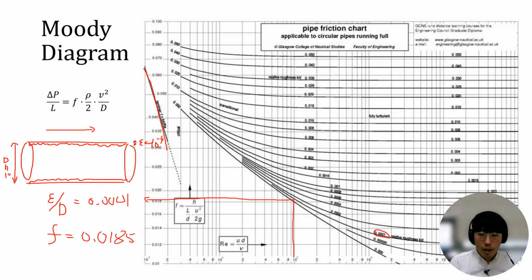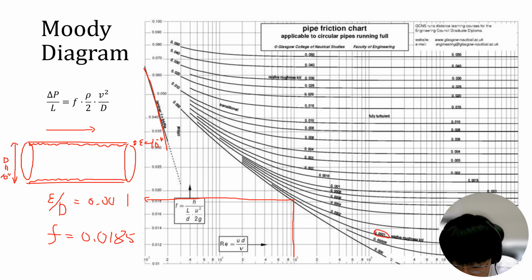In a different material, we may have a different roughness, or with the same roughness, we may have a different diameter. Let's say the diameter was 10 inch. That means now we have 0.001 relative roughness.